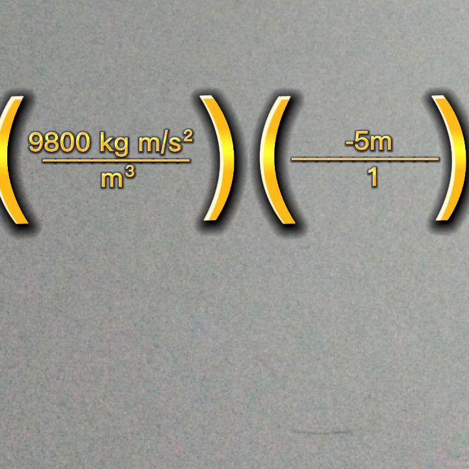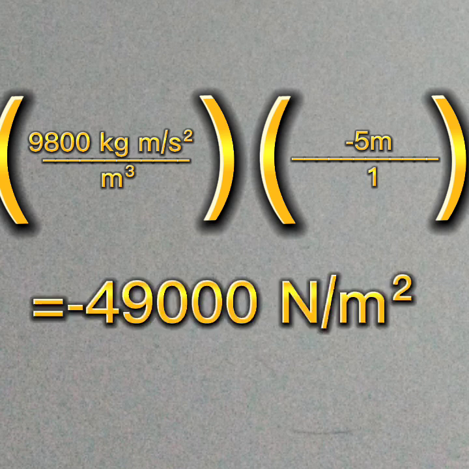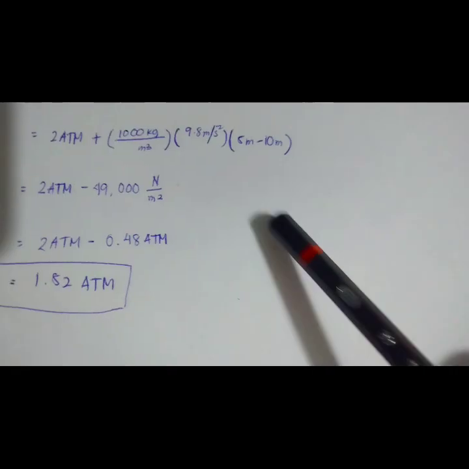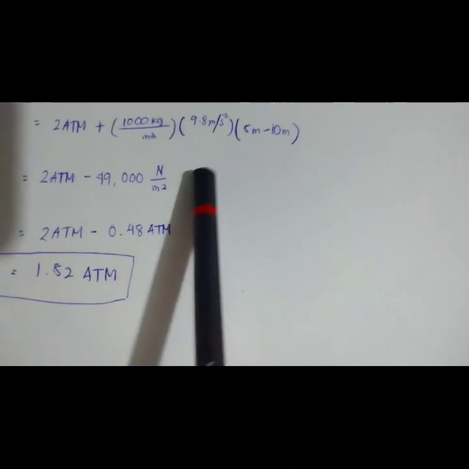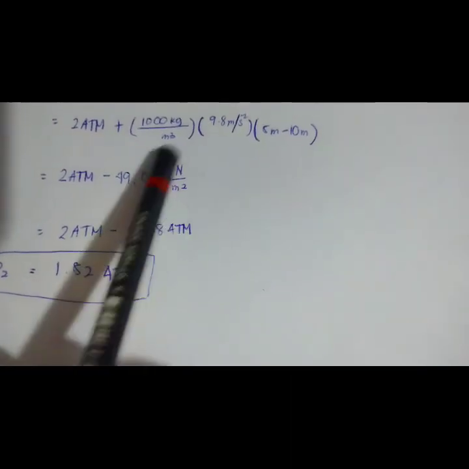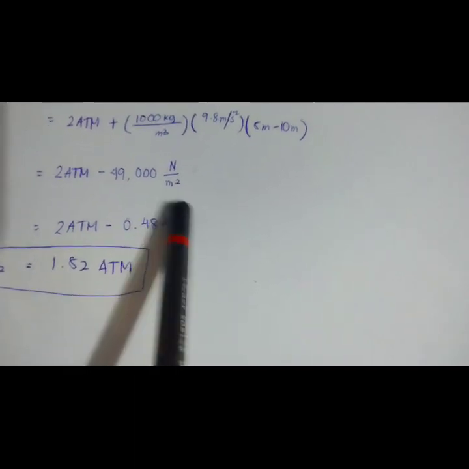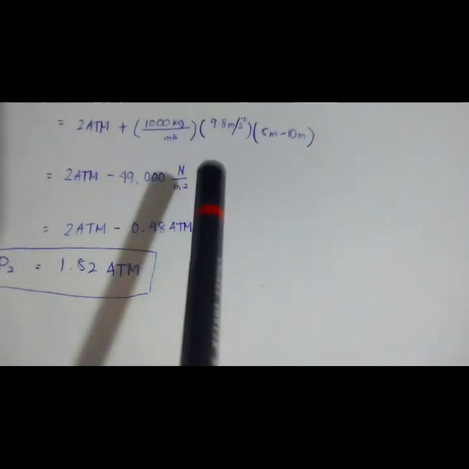And the kilograms meter per second squared can be written as N. The result is negative 49,000 N over square meter, which is the unit of Pascal. The N is Newton. So this N over square meter is Pascal.